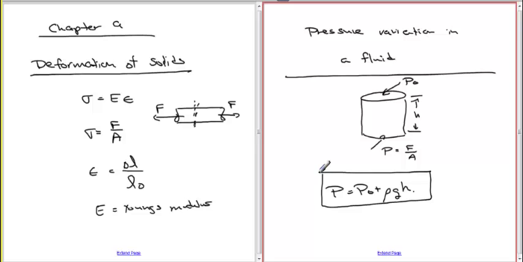So I could give you a problem asking what is the pressure at the bottom of the pool, or at the bottom of the ocean, assuming density is constant. I'd have to give you the density. You should know what g is. H, I'd have to give you something like that, and then I could give you the pressure. And the units for pressure are newtons per meter squared, which for pressure we call pascals.